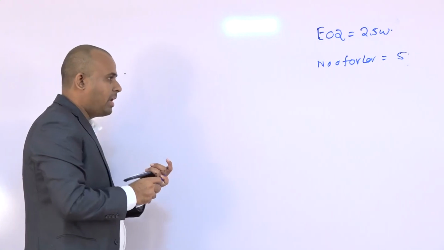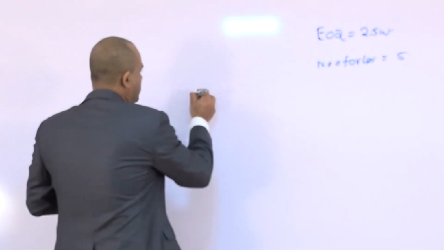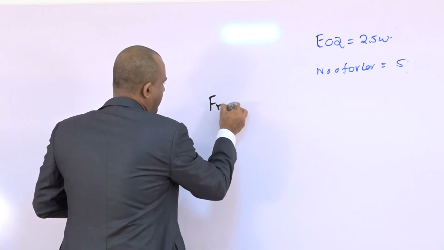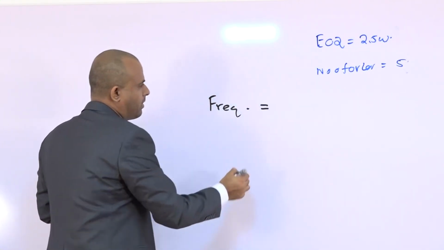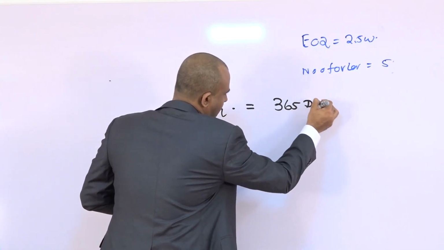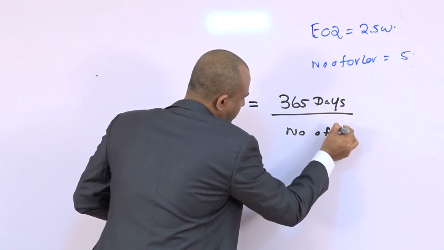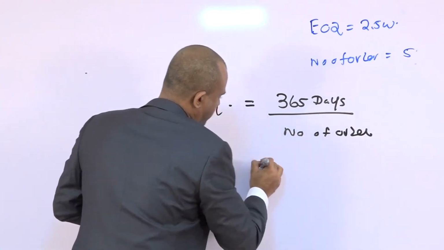What is the formula used in calculating the frequency of ordering? Frequency of ordering we calculate 365 days divided by the number of orders, right?